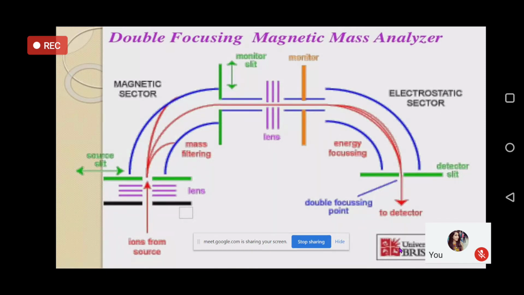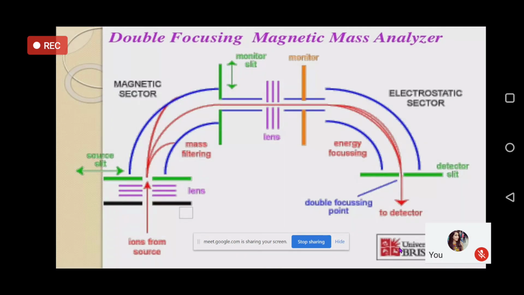Actually, it is exactly the reverse of what I'm talking about, but we are going to take that point. This sector works in the reverse direction, but what we are going to discuss is exactly opposite. As you can see in the diagram, the ion source is somewhere here. Then the ions enter the magnetic field, then they pass through the slit which is at the center, and then they enter the electric field and the detector is placed.